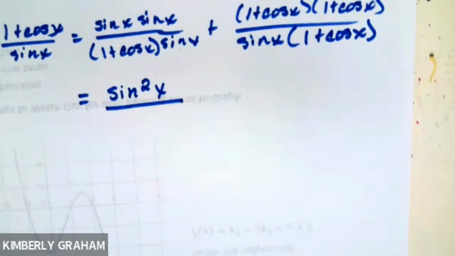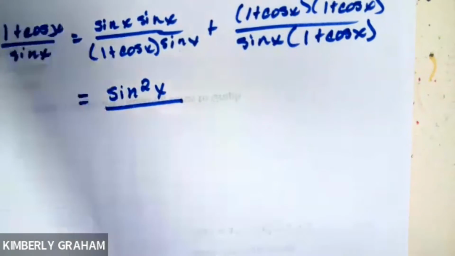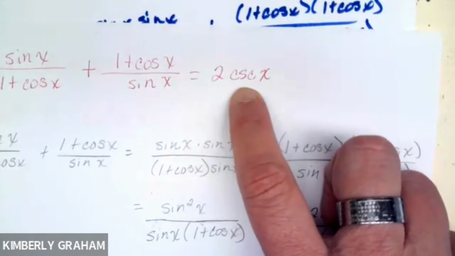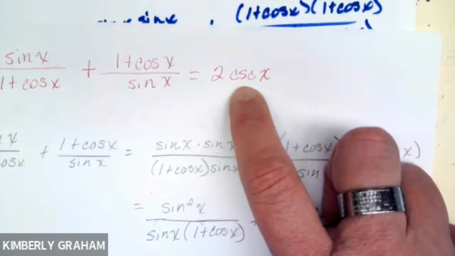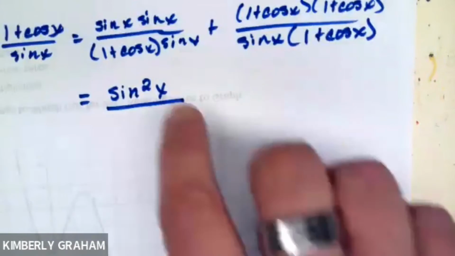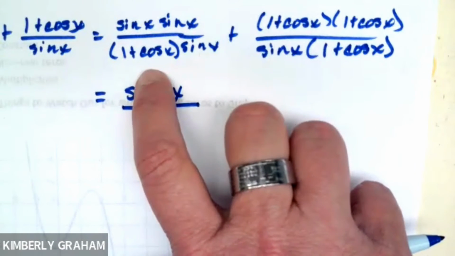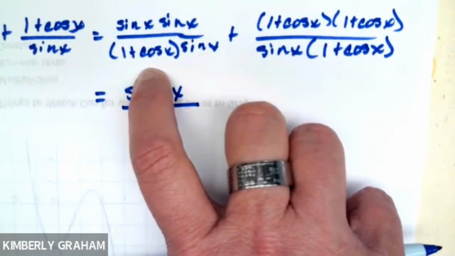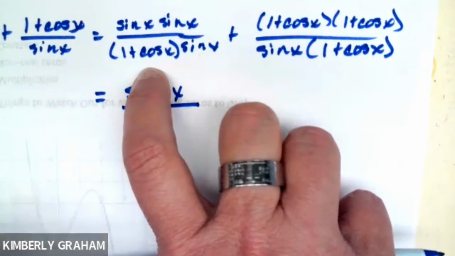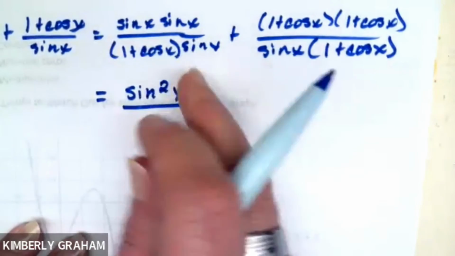I'm going to leave it like it is because I know that eventually I want stuff to cancel out where I just have one term. And if things are going to cancel out, that means that this bottom part of my fraction probably needs to stay factored in order to cancel stuff. Does that make sense? All right. Again, if you wanted to multiply this out, you can go through the problem.